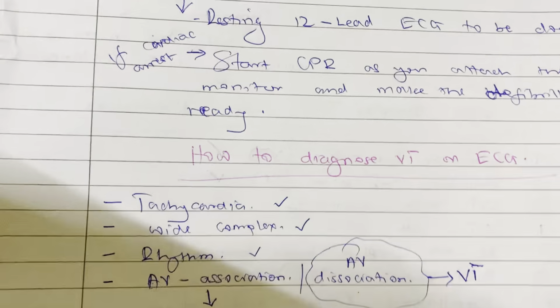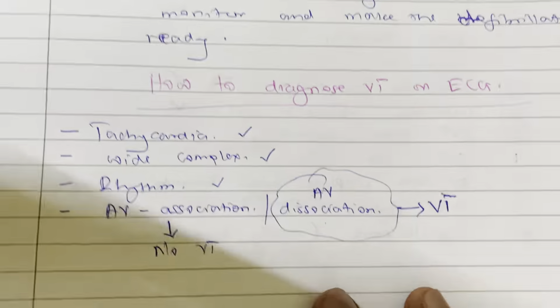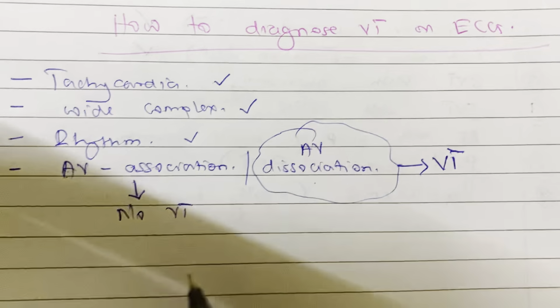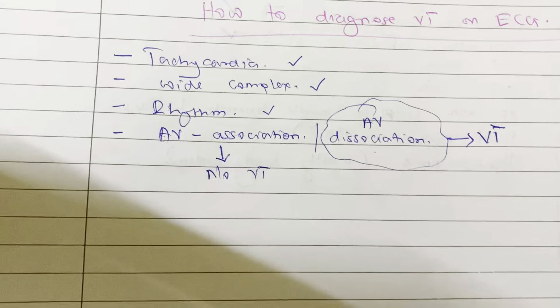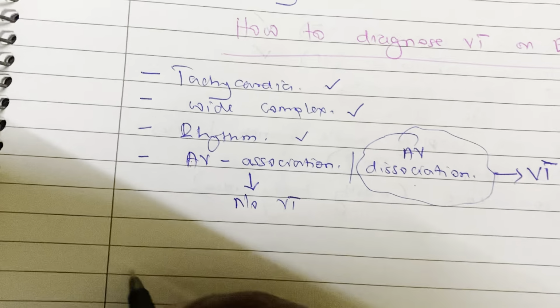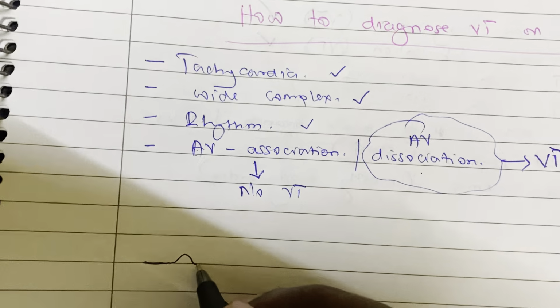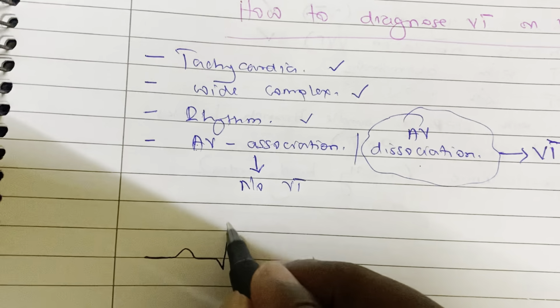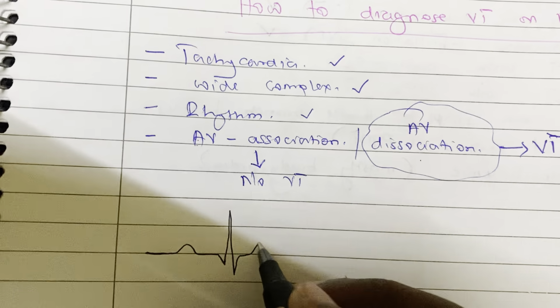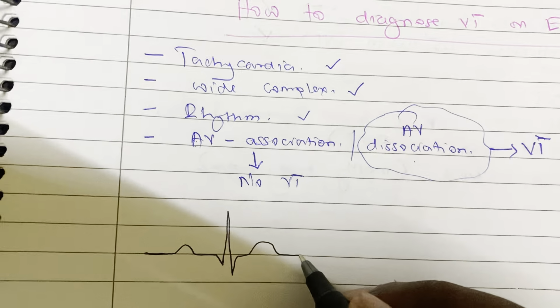So I'm showing now how it will appear on the ECG. For example, we have this ECG. This is the P wave. This is a normal one.